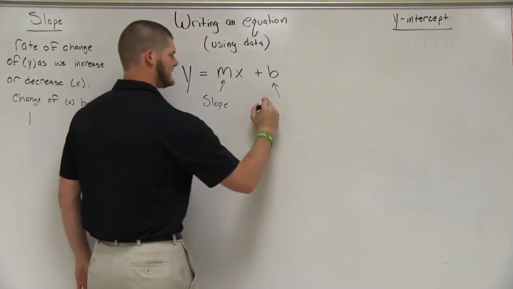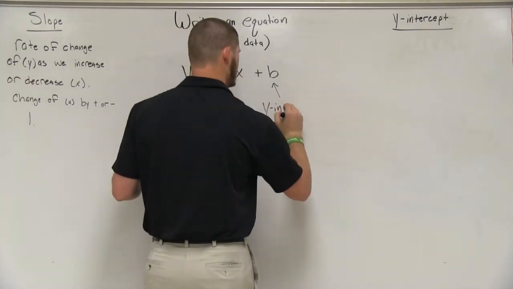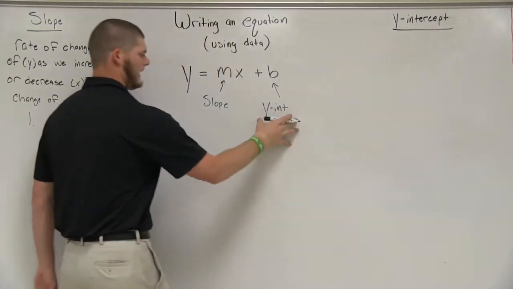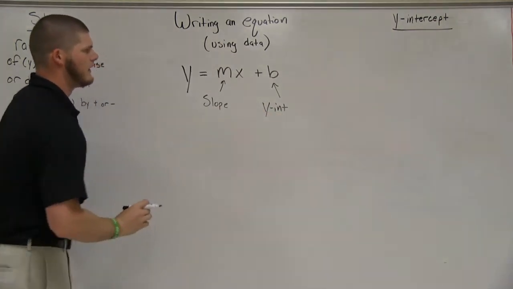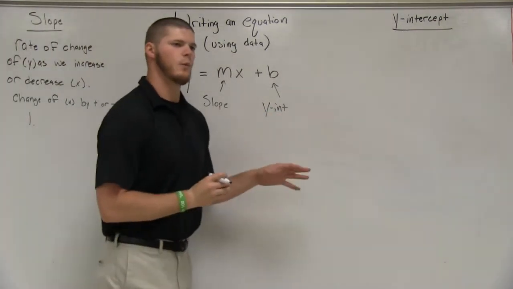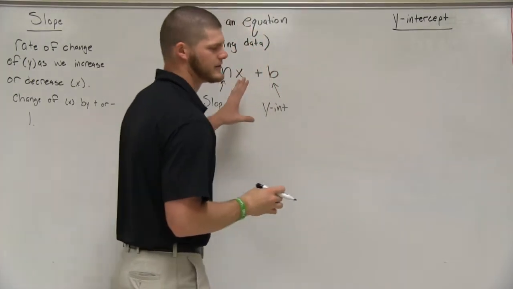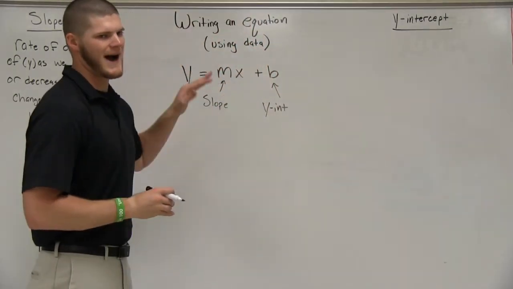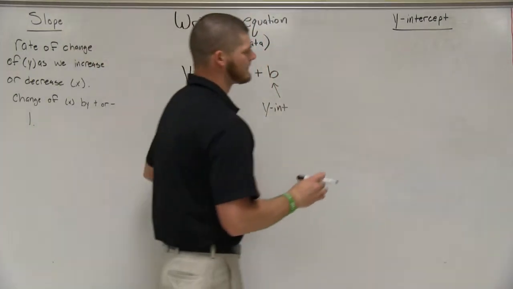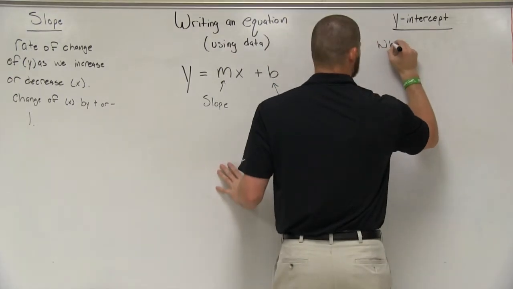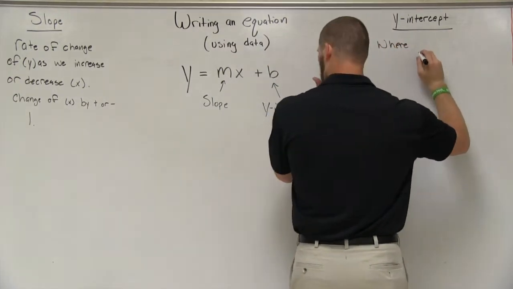Our y-intercept, int for short, indicates to us where, when we graph this equation, it crosses the y-axis. A lot of times, this is where we start our graph.